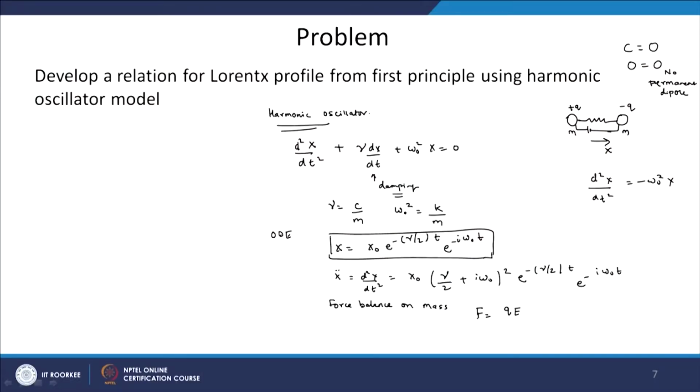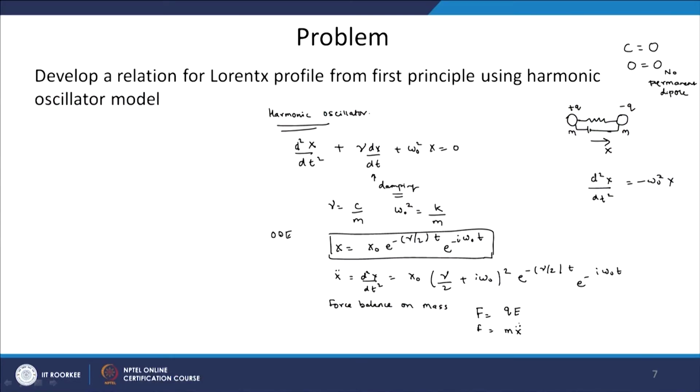Force can also be written as mass times acceleration, so we can also write force as m x double dot. For this mass spring system, what is the driving force? The dipole is the driving force. As we see, it can only vibrate when we have a permanent dipole. Without a permanent dipole, it cannot emit or absorb radiation. So, the driving force for emission and absorption is basically the dipole which has electric field E.